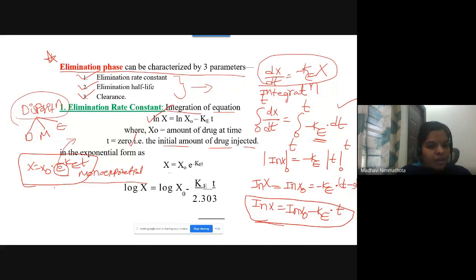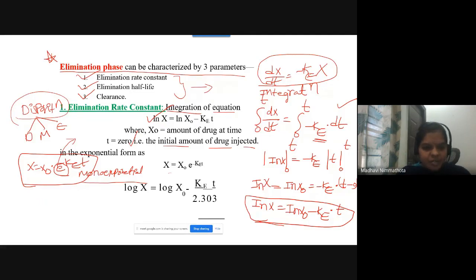So then you have to take the log of this equation. I already told you the elimination process follows first order kinetics, so the equations are similar to a first order reaction.